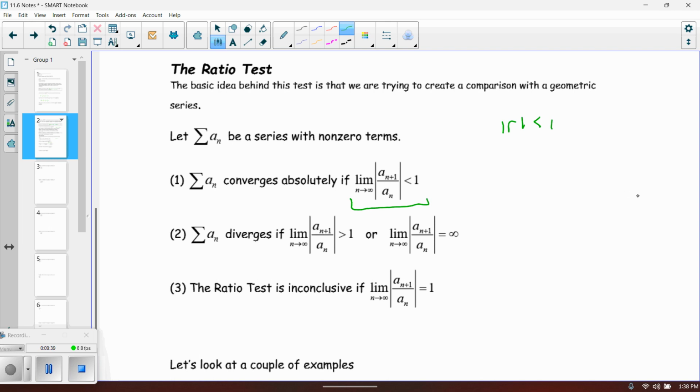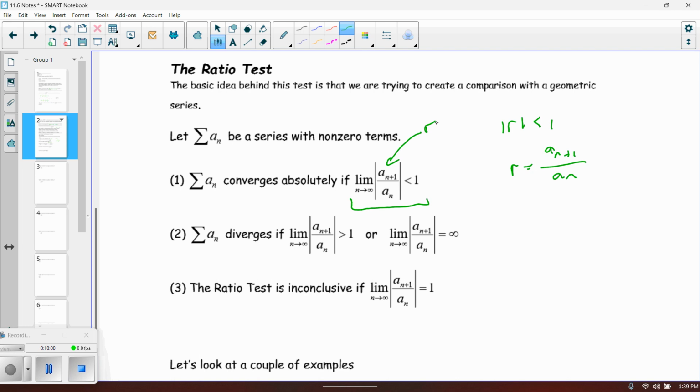That was the criteria for a geometric series to be convergent. Well, r can be found by taking any one term and dividing it by its previous term. So basically, this is r, that whole interior piece.